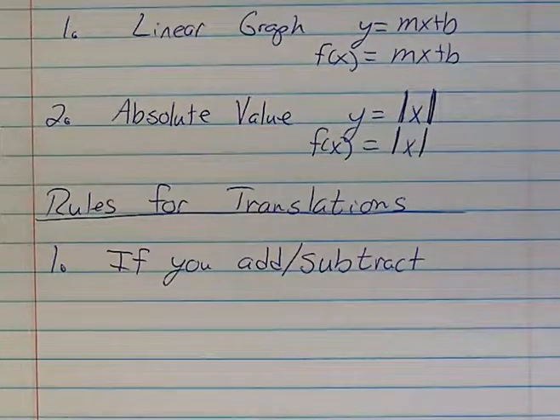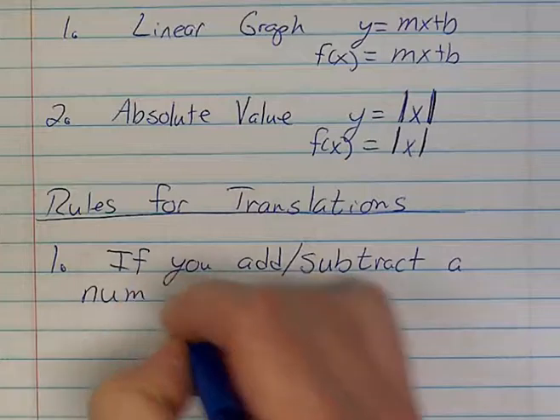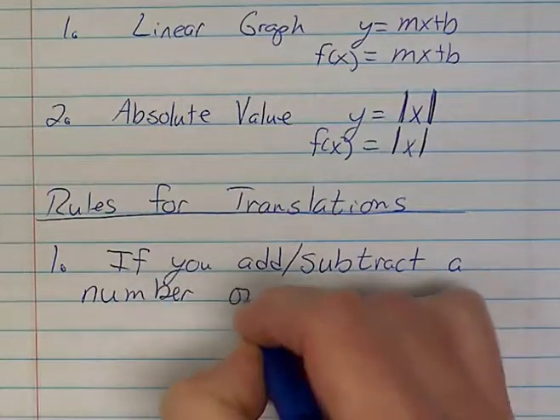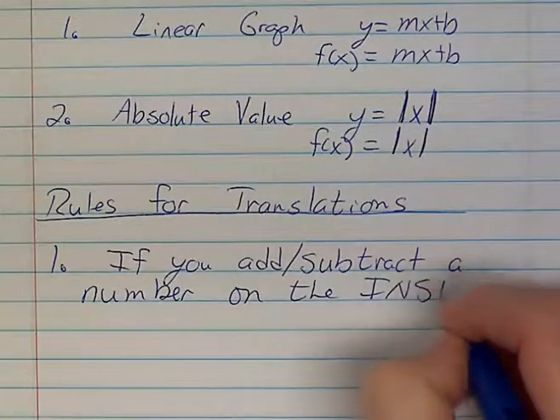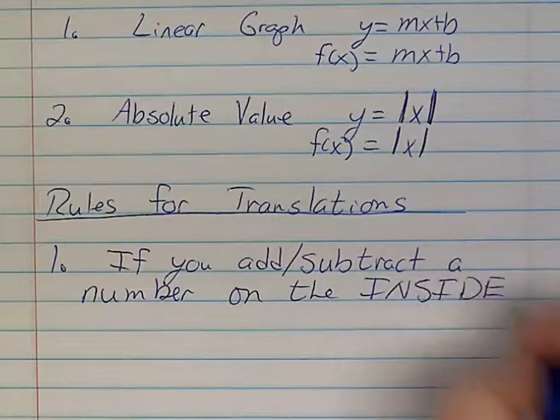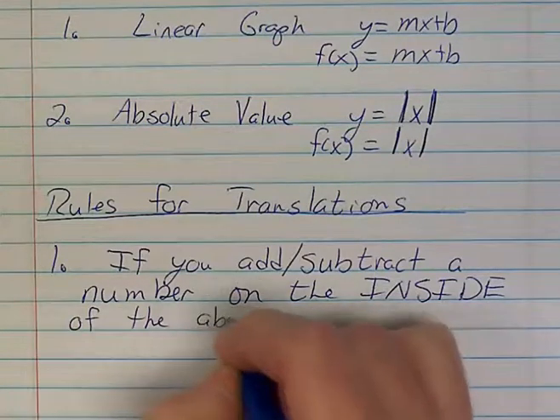If you add or subtract, depending on what the sign is, a number on the, and here's the key thing with it, if it's on the inside of the absolute value.